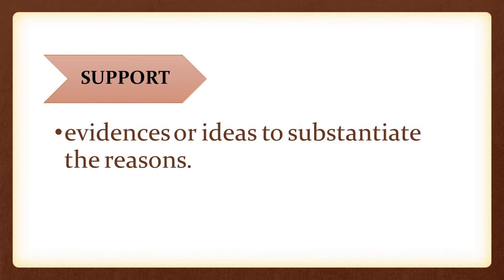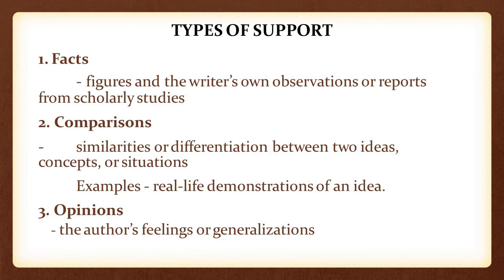Next is support. Support is simply defined as evidence or ideas to substantiate the reasons. Now, supporting evidence may include the following. It could include factual knowledge, statistical inferences, informed opinion, or maybe personal testimony. There are different types of support. First, we have facts.